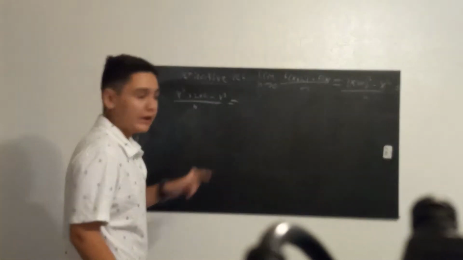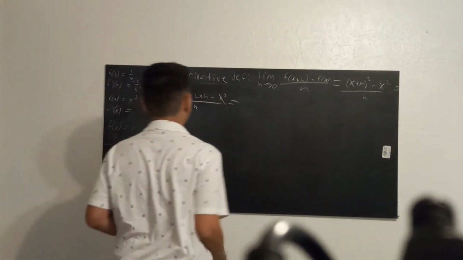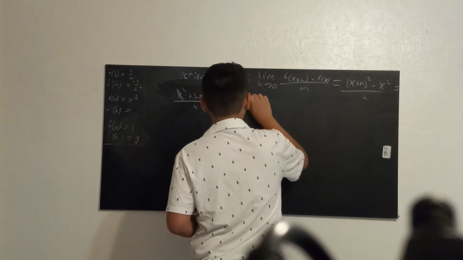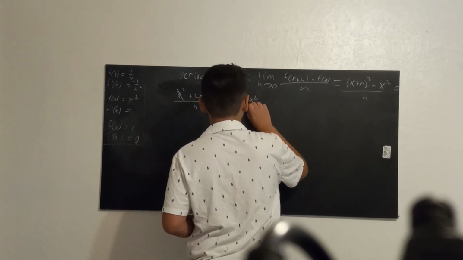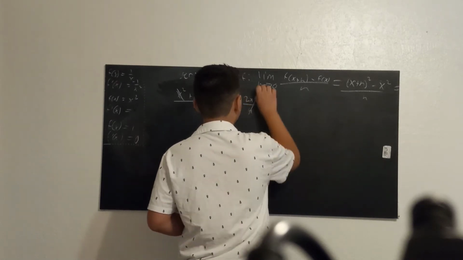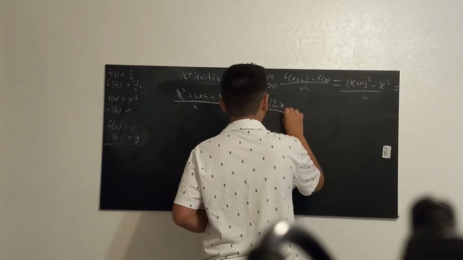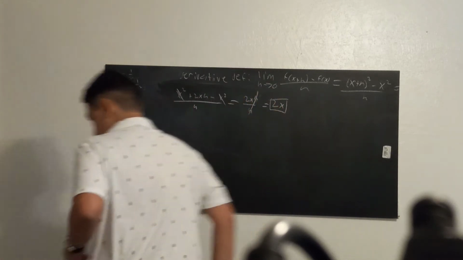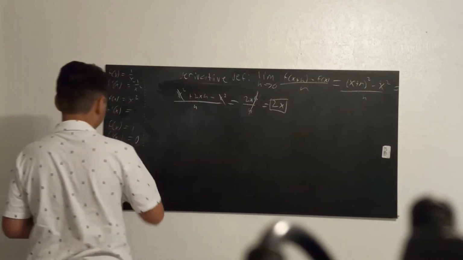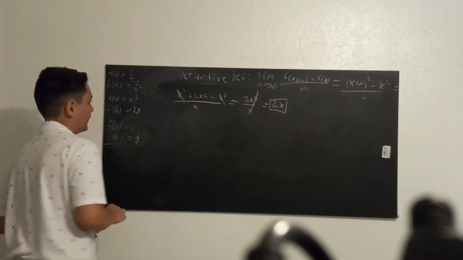So the x squared terms cancel out. We take those two out. That leaves us with 2xh over h. These h's will cancel out. That gives us 2x. And that's the final derivative. Right? So it's 2x.